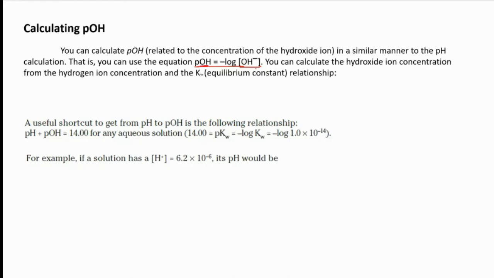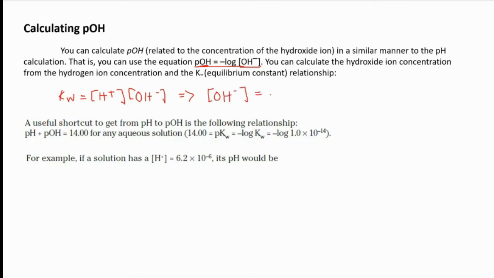Okay? So, you can calculate the hydroxide ion concentration from the hydrogen ion concentration using the Kw constant. Kasi di ba yung formula natin ng Kw is H plus times OH minus. Kapag unknown yung OH minus, ano yung formula?